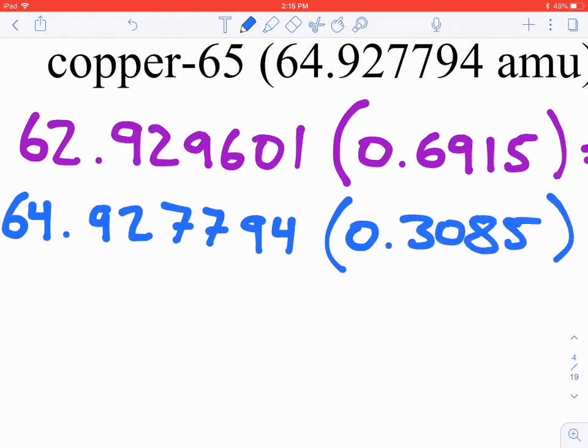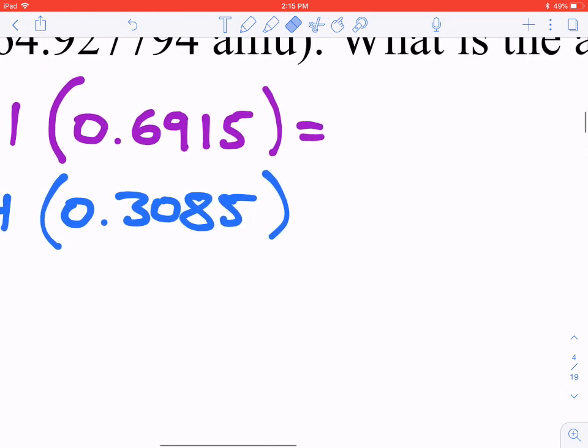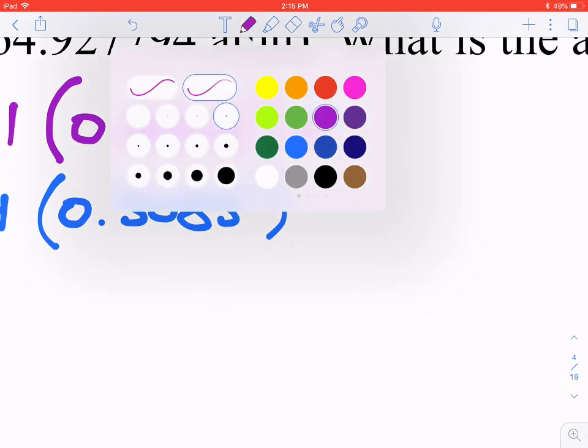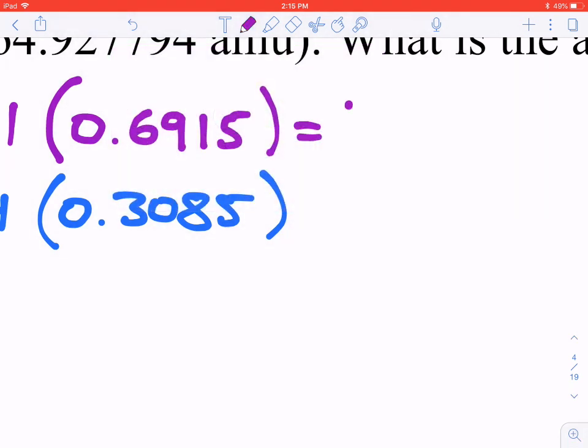You don't need to do this in your calculation, but you can notice that if you add these two together, 0.6915 plus that, it equals 1, right? And that makes sense because you want to be making sure that you incorporate all of your isotopes, so this should really equal 100% or 1.0 as a decimal. We again can solve, so let's solve both of these. The purple one, when you do the math, is going to equal 43.52.